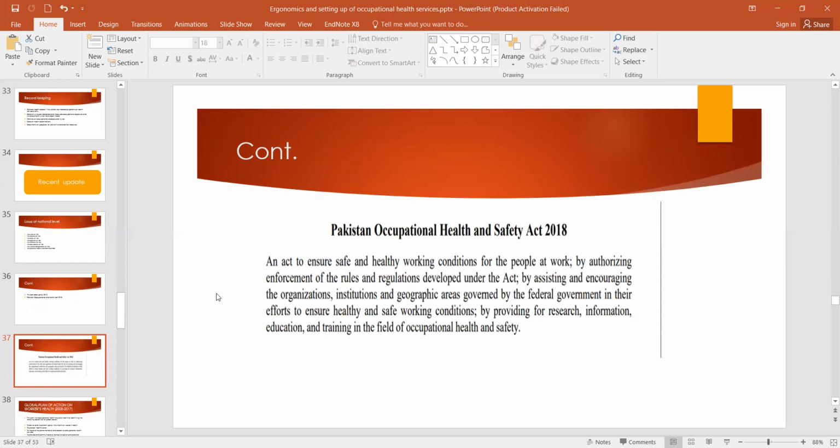An act to ensure safe and healthy working conditions for the people at work by authorizing enforcement of the rules and regulations developed under the act, by assisting and encouraging the organizations, institutions, and geographic areas governed by the federal government in their efforts to ensure healthy and safe working conditions by providing for research, information, education, and training in the field of occupational health and safety. These are the basic aims of Pakistan Occupational Health and Safety Act 2018.